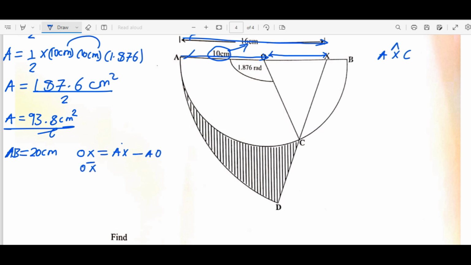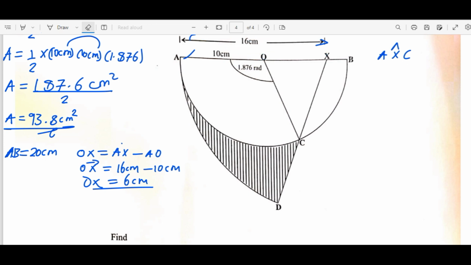What is our AX? It is 16 centimeters minus 10 centimeters, which gives us 6 centimeters. So from O to X, the distance is 6 centimeters.